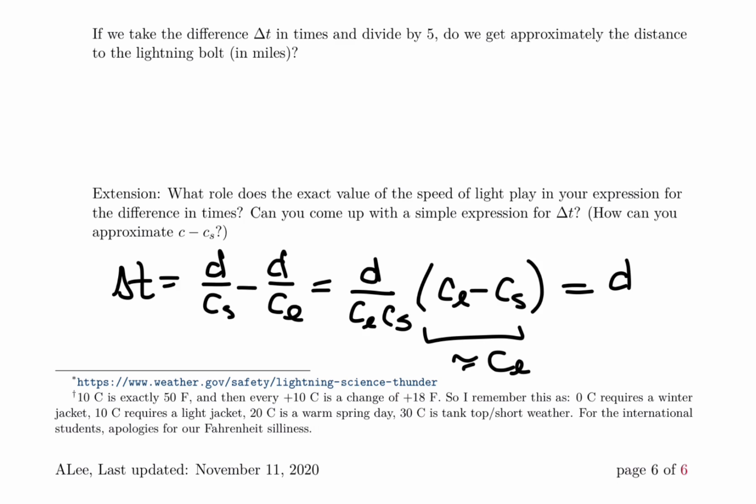So then this just simplifies to d divided by the speed of sound. The speed of light cancels in the numerator and denominator. Again, since you essentially see it instantaneously, the only thing the lightning is doing is telling you when to start your stopwatch, and then you're just waiting for the sound to make it to you. Alrighty.